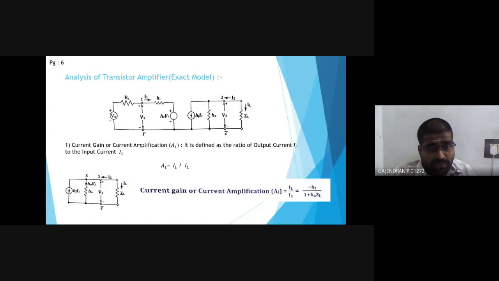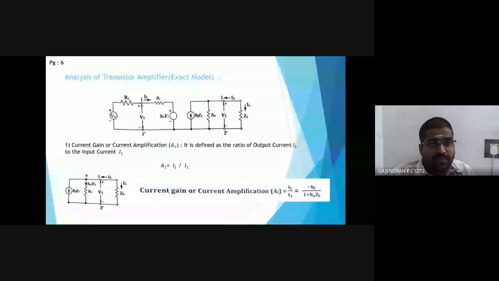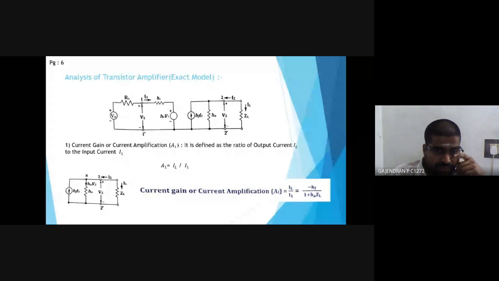The input current is the current we give at the input terminals, marked as I1. So A1 equals IL by I1. If you apply KVL equations in the output region of the circuit, you will get the current gain, or current amplification, equal to minus HF divided by 1 plus HO times ZL.